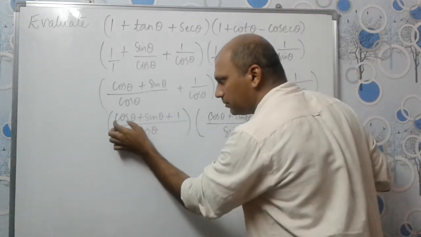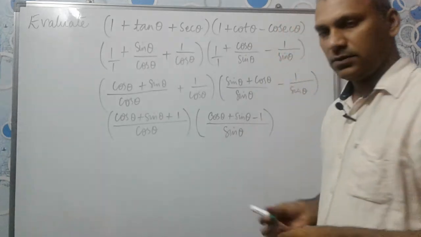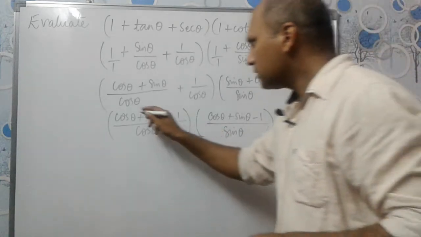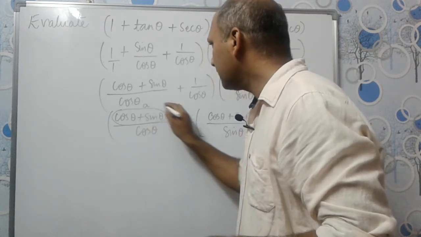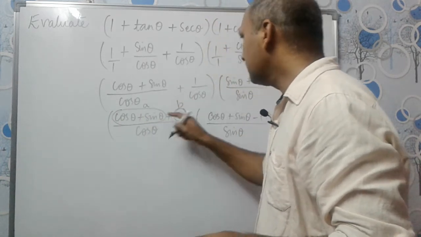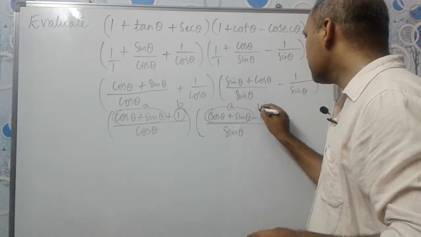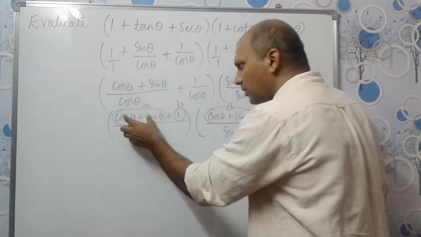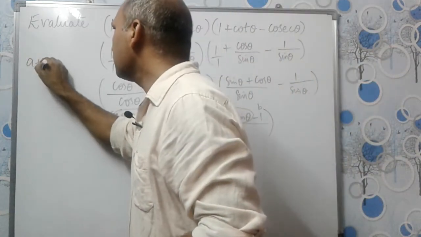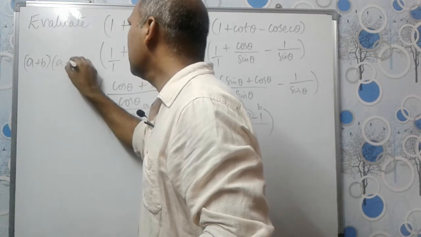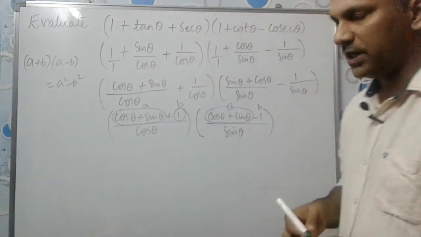Why? Because we have cos plus sin plus 1, cos plus sin minus 1. Can we take this as A and this as B? This whole thing is A and this is B. So this will become A plus B, A minus B. So we have A plus B multiplied by A minus B. So this will become A square minus B square.